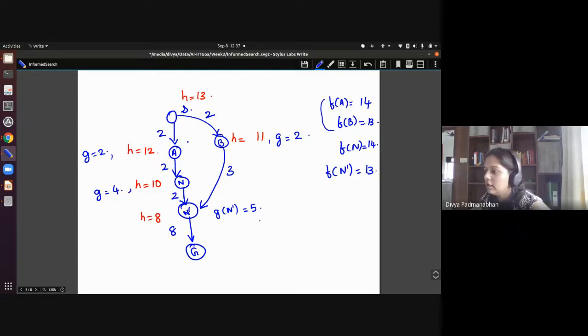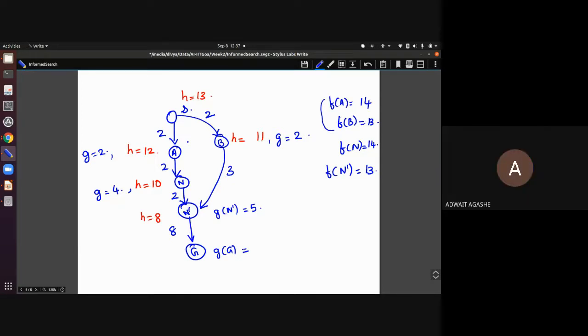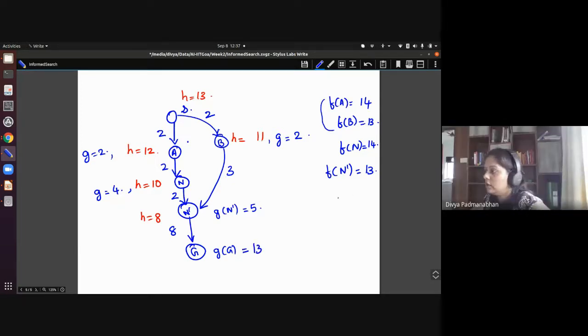For the goal state, you trace along this path, and g of the goal is 13, so f of the goal state is 13. Here h is 0 anyway.